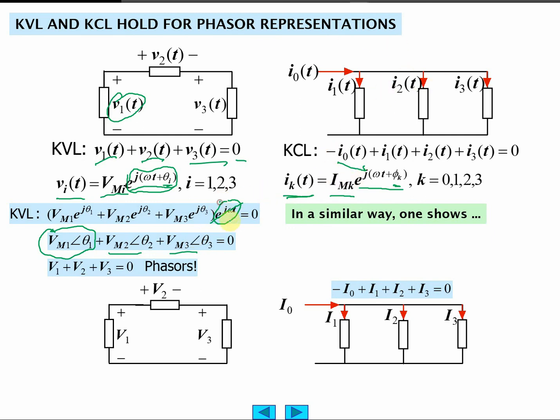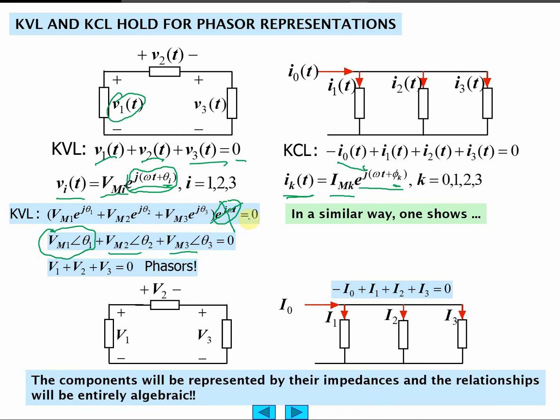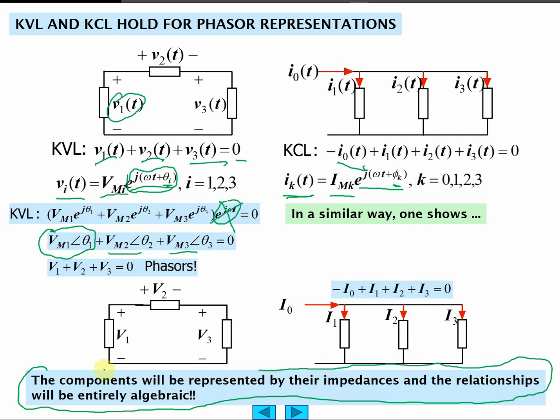We can factor out the e to the j omega t's. And the problem is reduced to algebra. That's why we do this, because we take a complex variable differential equation and reduce it to algebra. And we all know how to do algebra.